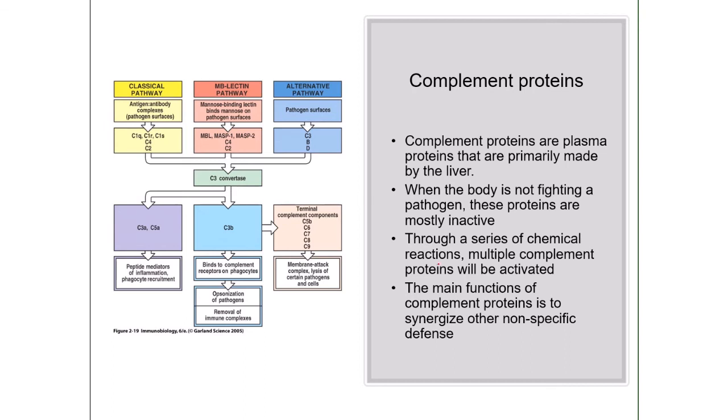These complement proteins' main job is to synergize or enhance other non-specific defenses. It's going to help with inflammation, for example, and with phagocytosis. There are many different functions for the complement proteins, but we are just going to look at three main ones.